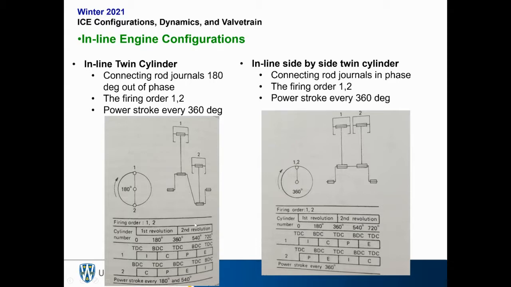I'm not going to go through all these charts in detail because they are essentially relaying the same information just for different configurations. So at this point, I'm just going to move through these slides so you can pause the video and look at these configurations as you see fit. In this one, we have inline twin cylinder and inline side-by-side twin cylinder.